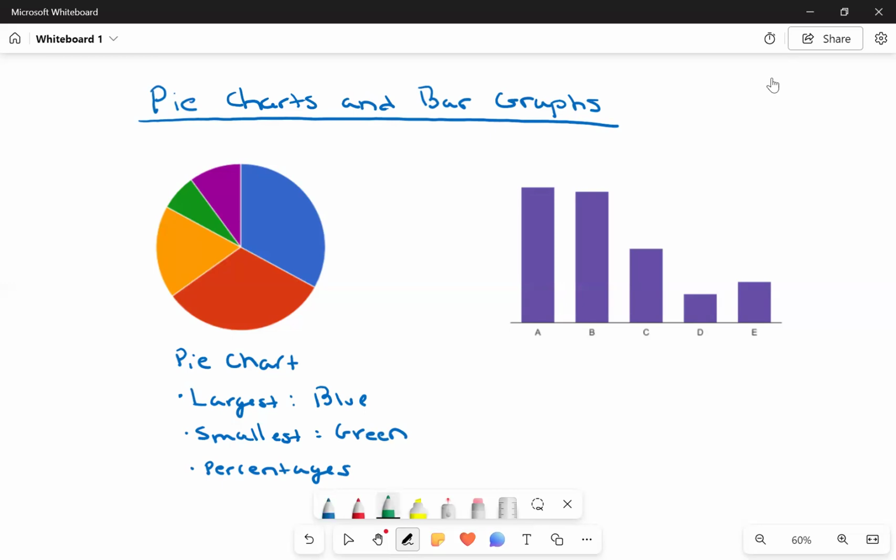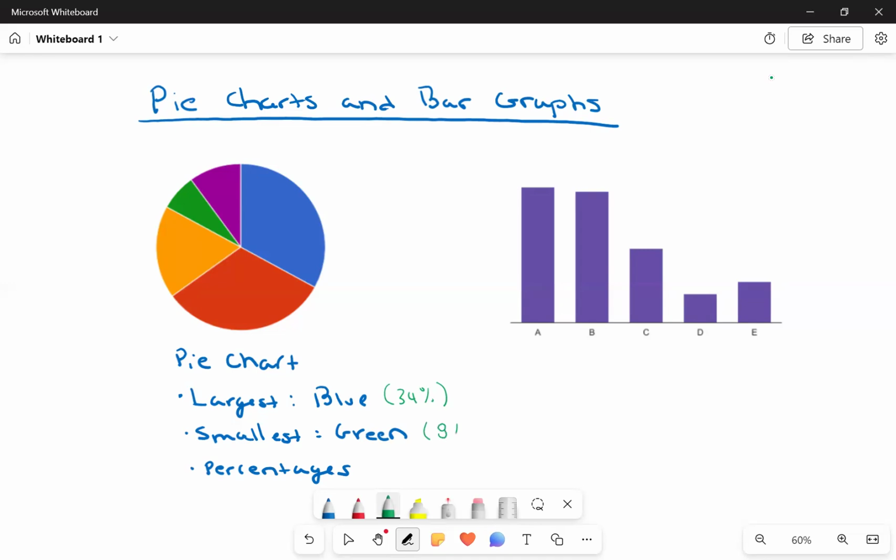So I would guess that blue is maybe 34%. I'm making it a little bit bigger than a third. And then the green wedge looks like it's about a fourth of that, maybe 9% or 8%, somewhere like that.